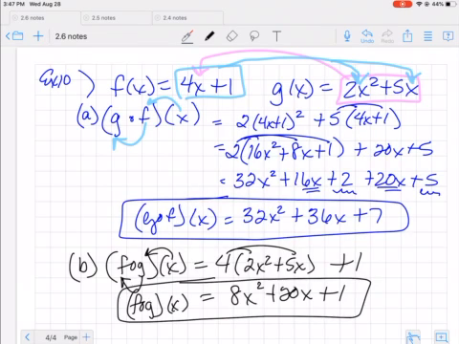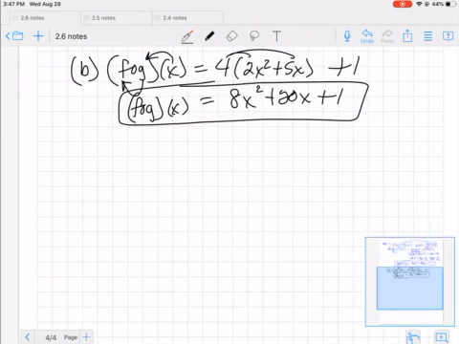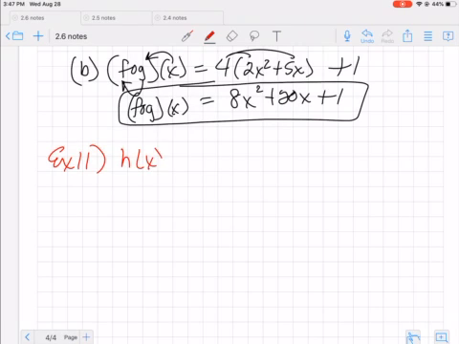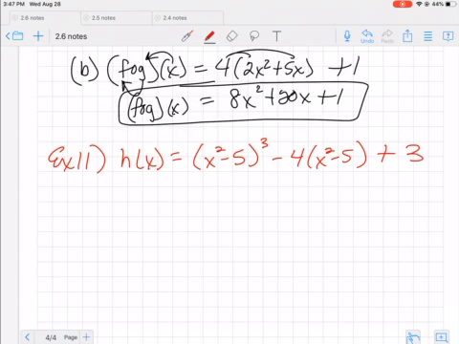Okay, you can put functions together, or you can split them apart. Such as in example 11. I have h of x is equal to (x squared minus 5) cubed minus 4 times (x squared minus 5) plus 3.